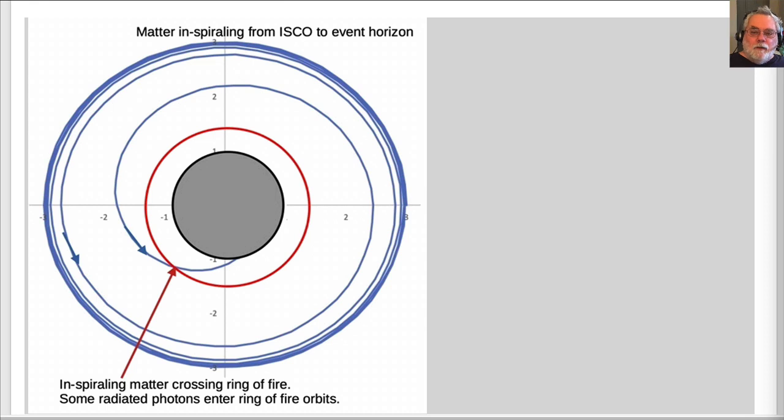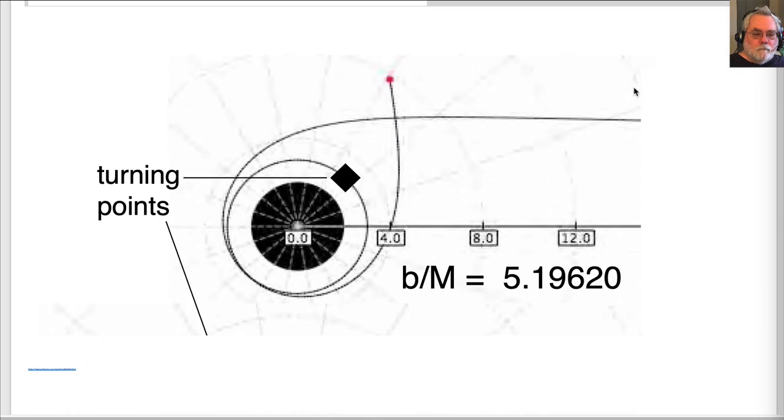If the impact parameter is slightly higher, light might spiral close to the ring of fire, then spiral back out and head in a different direction, as in the following diagram. So light was heading here, its trajectory got curved.